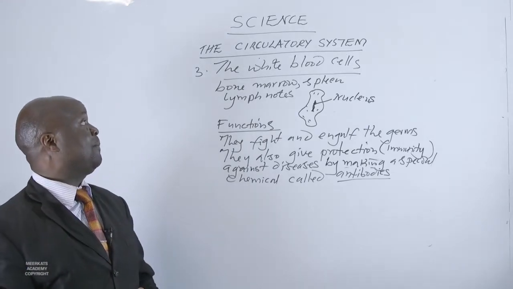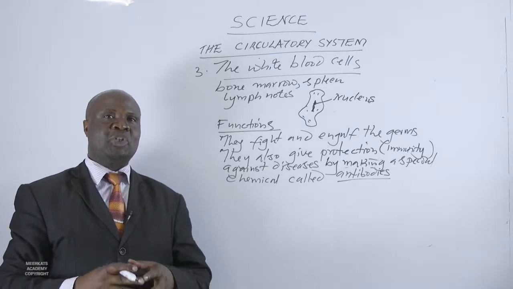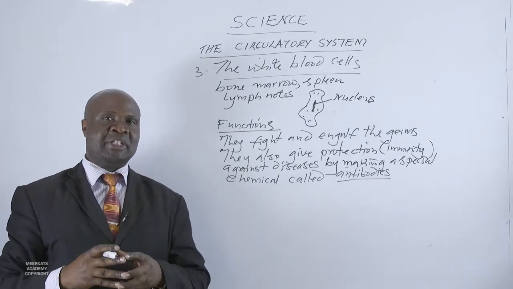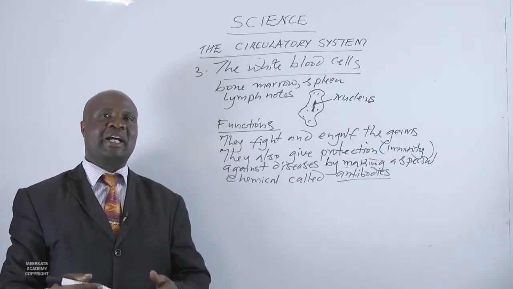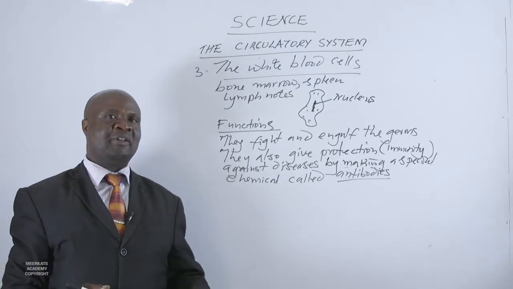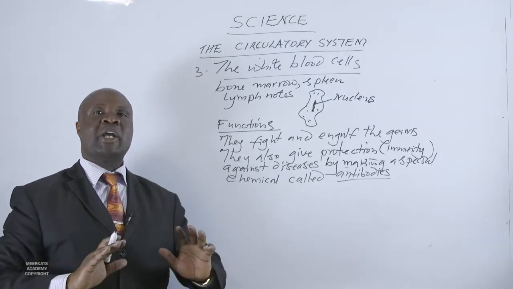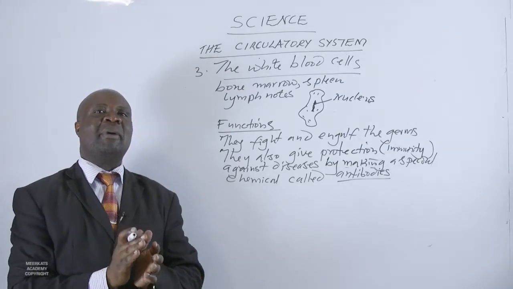So we can see that the main function of white blood cells is to give the body the immunity it requires to prevent the body from being attacked by foreign bodies, which are germs. And if they are attacked, with their irregular shapes they are able to engulf that particular germ and kill it.